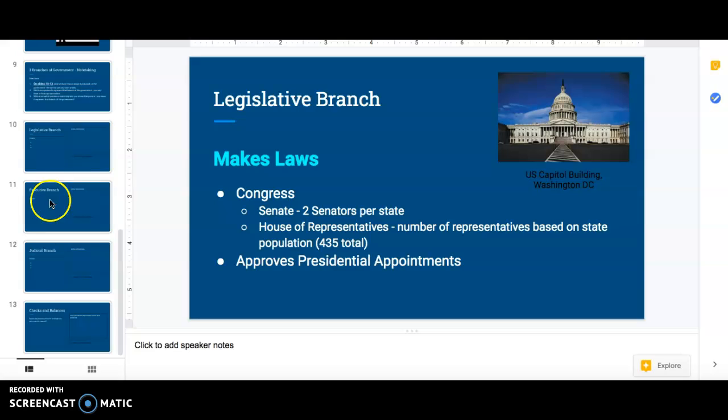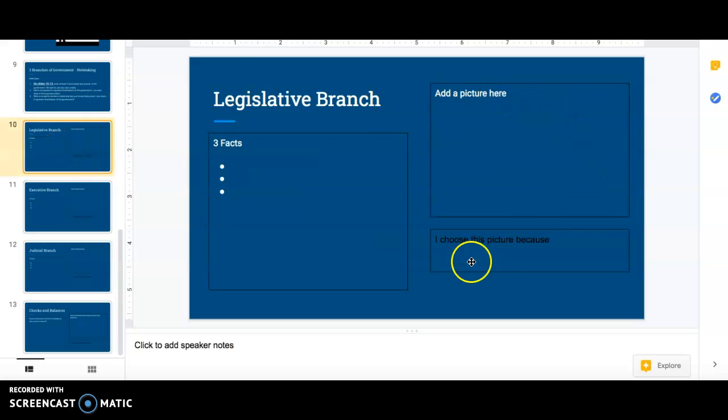So in the legislative branch slide where you're taking your own notes, you would add a picture here. Again, you're going to add your own picture here. And then in the box here, you're going to write one sentence telling me why you chose that picture.